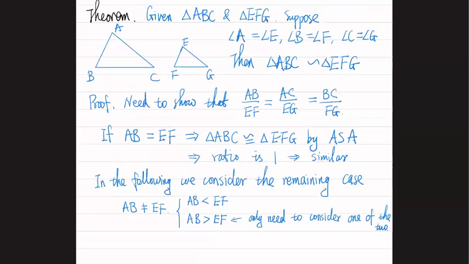Okay. Now we will see the two angles are the same. We will apply the superposition. We will move this over there so that this angle overlaps with this angle, because we assumed AB is longer.